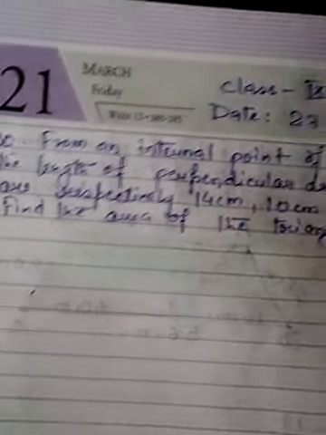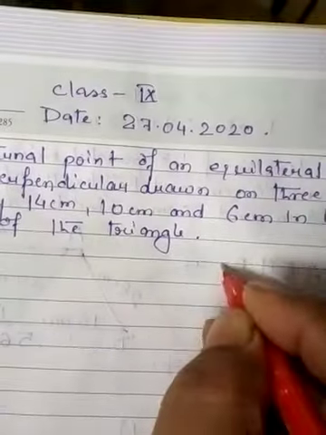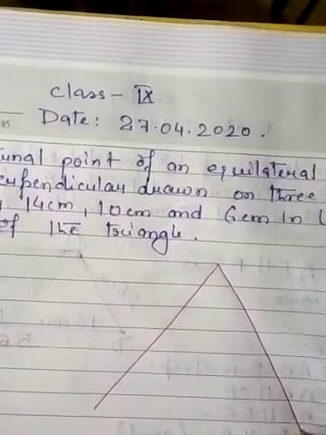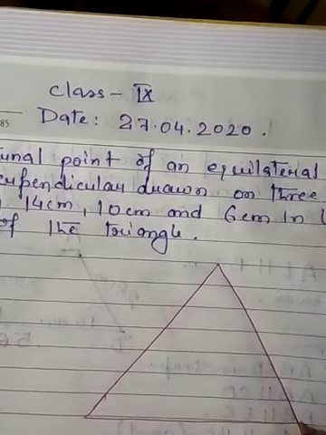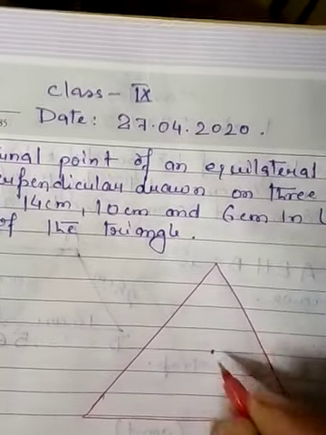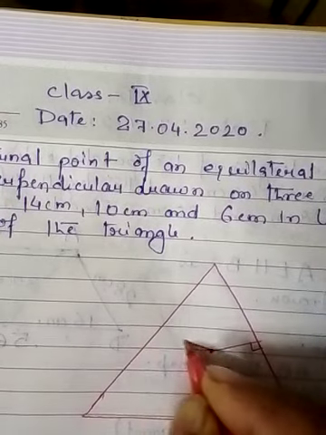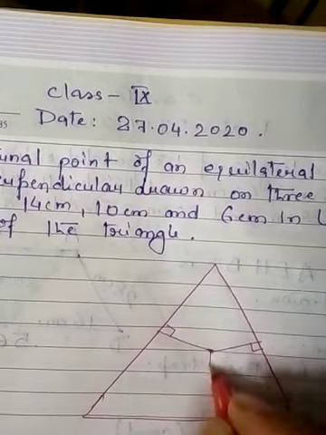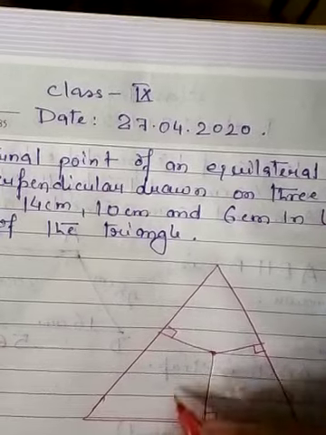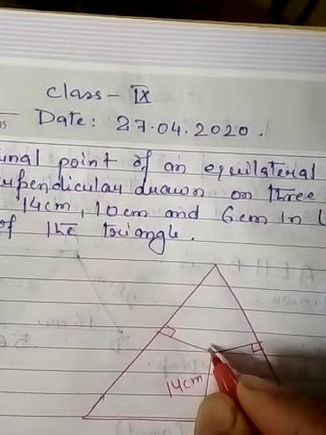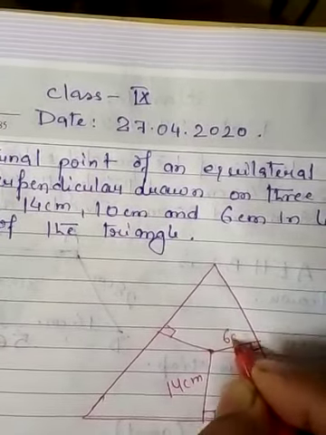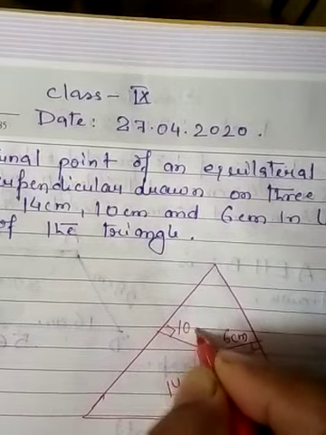So the question is, we have an equilateral triangle and a point is there. Anywhere we have a point, and from there the perpendicular distances on the three sides are given. Let's suppose this is 14 centimeter, this is 6 centimeter, and let it be 10 centimeters.